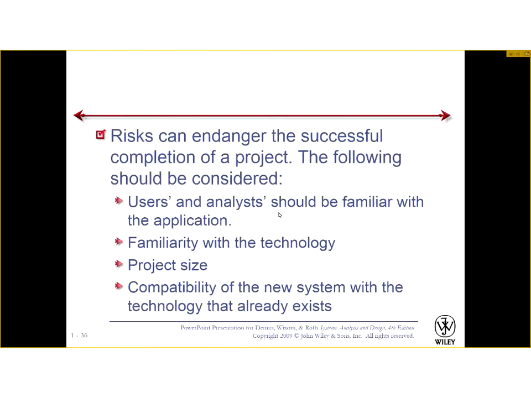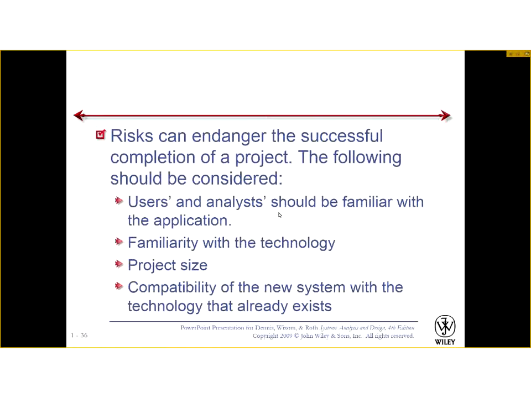When I'm saying that there are risks associated with the project, a risk can endanger the successful completion of the project. So the risks should be addressed. One of the risks can be that users and analysts should be familiar with the applications. If they are not familiar with the application, then it is going to cause them problems.